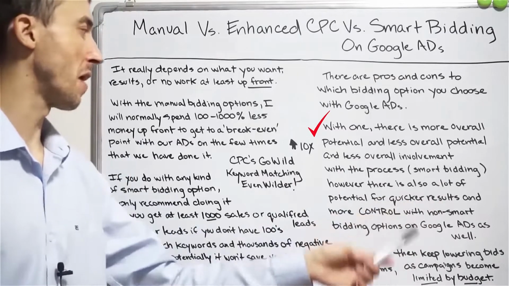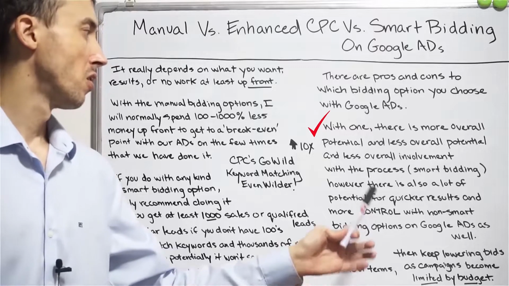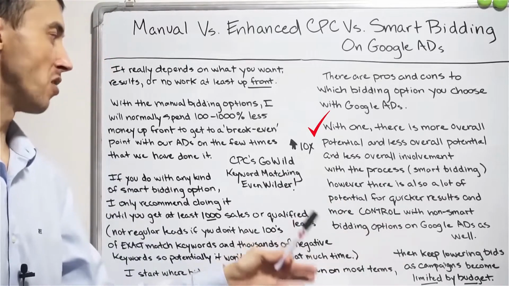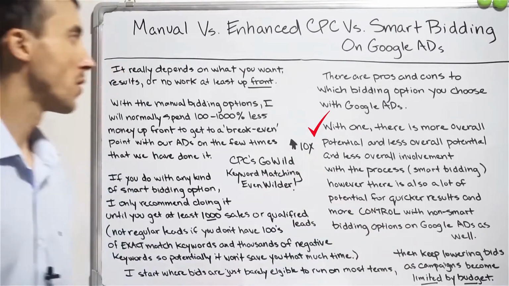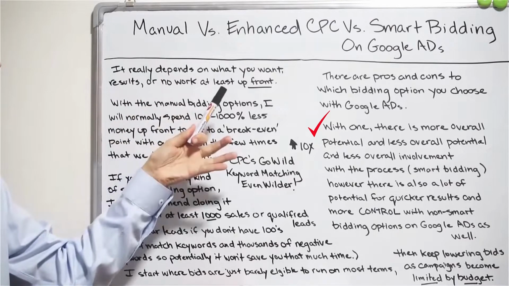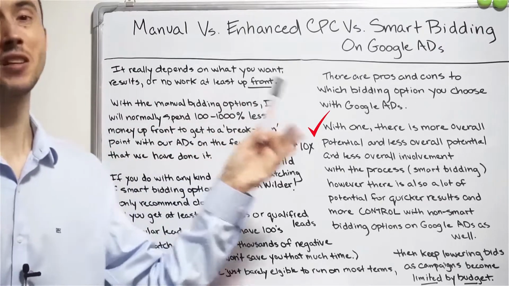However, there is also a lot of potential for quicker results and more control with non-smart bidding, if you want to call it that, manual or enhanced CPC bidding on Google Ads as well. So the main thing is, it really depends on what you want. Do you want the most results, or do you want less work, particularly up front?